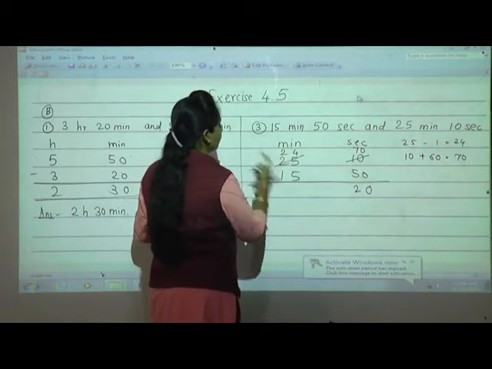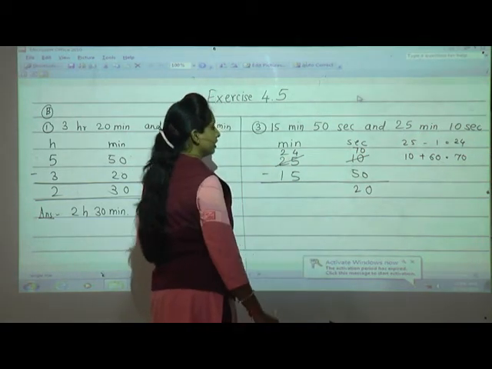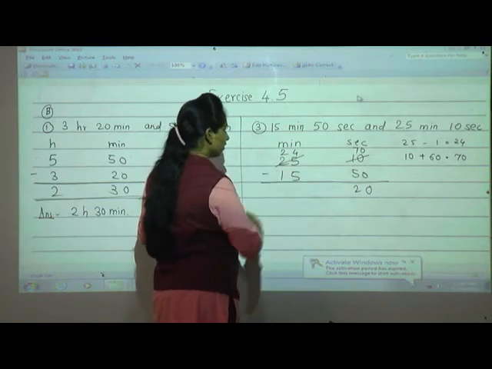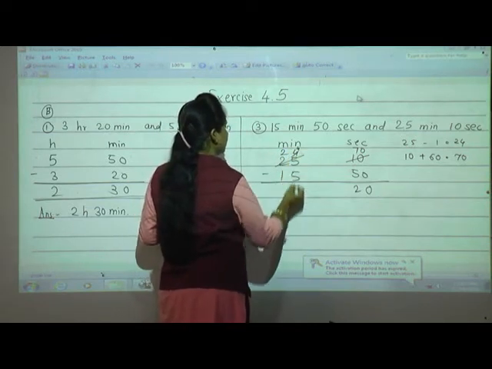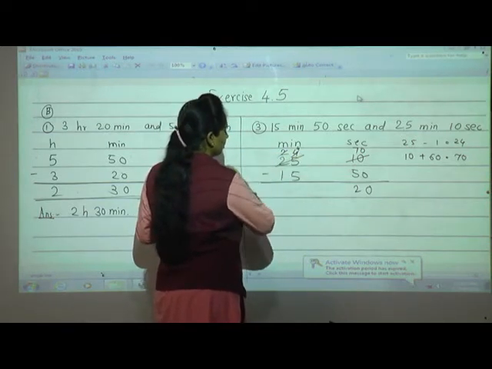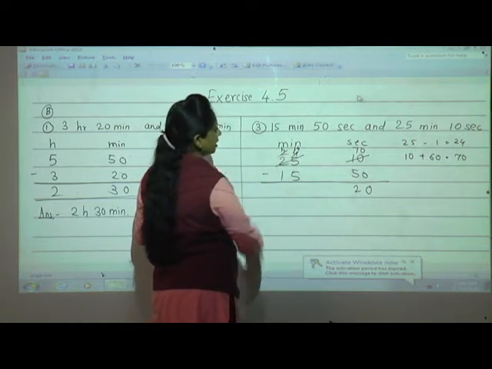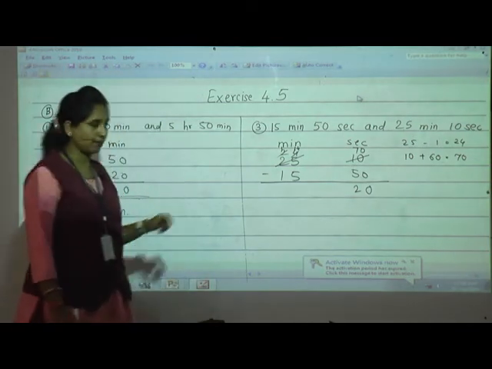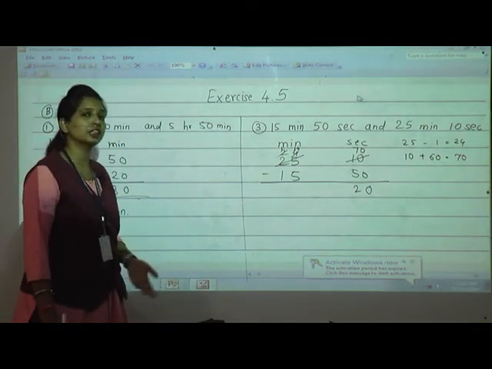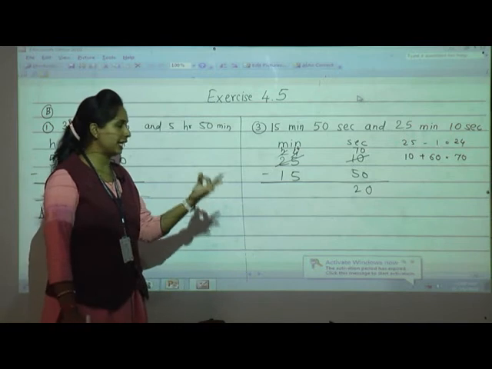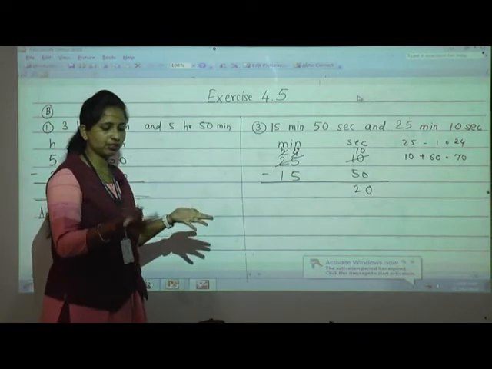Now here 24 minus 15. Yes, 4 minus 5 we can't do. Cut the 4, write as it is. Take borrow from the neighbor. Neighbor is having 2. He will give 1. Here 1 will remain. Now 14 minus 5. Yes, we can do. Count after 5 till 14 comes: 6, 7, 8, 9, 10, 11, 12, 13, 14.